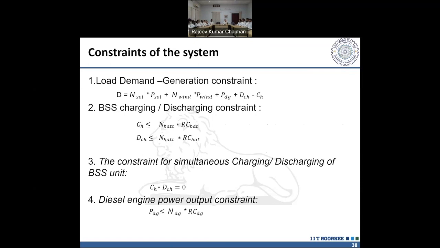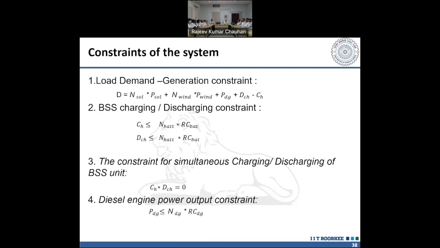Whatever my electrical demand is at that particular time must be fulfilled by all the resources. The battery can be used as a source and can also be used as a load, depending on whether it is in the charging mode or the discharging mode.